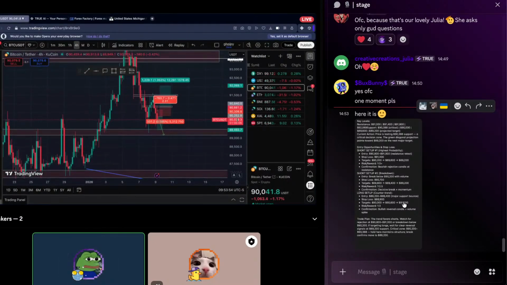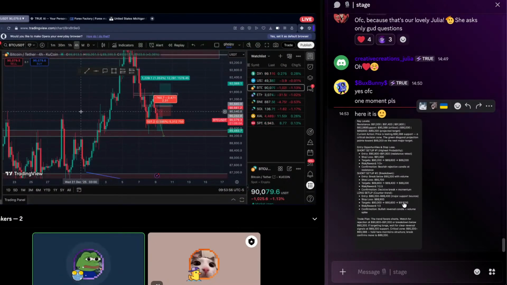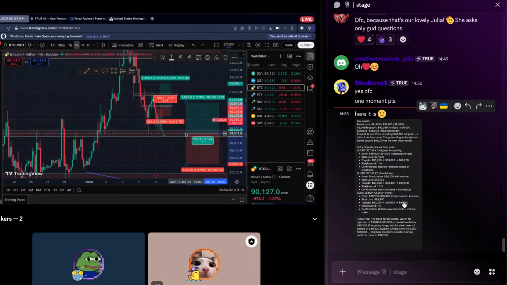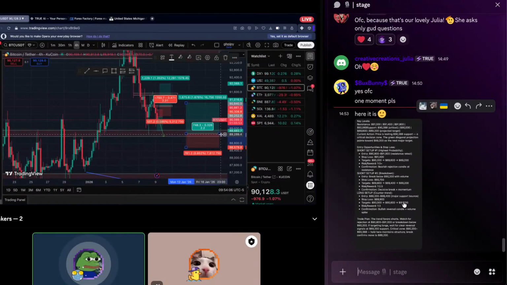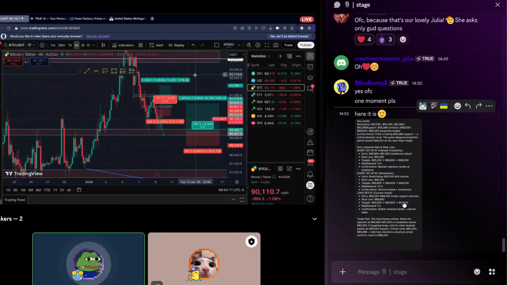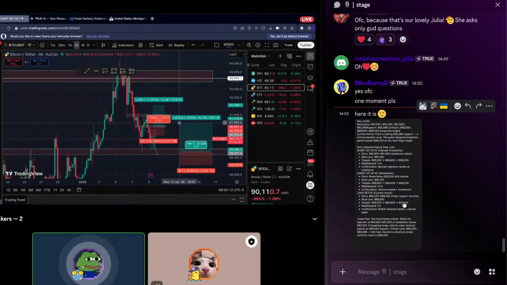So my trade ideas that I am going to be looking for, especially for the new week: this is a high risk, high reward trade. Look into getting longs around 89,500, 89,250 to target all the way back to 94K.